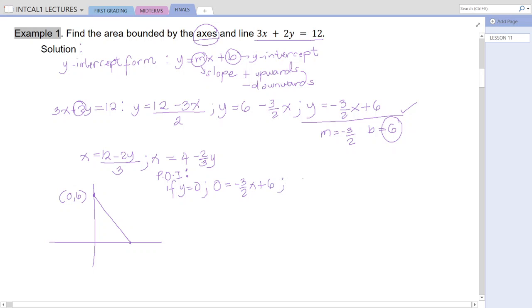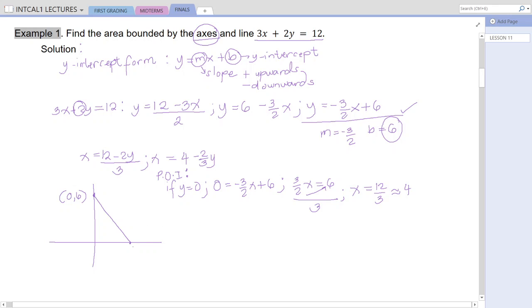Transposing 3 halves x to the other side, 3 halves x is equal to 6. Cross multiplying and dividing by 3, x is equal to 12 divided by 3, so this will be equal to 4.